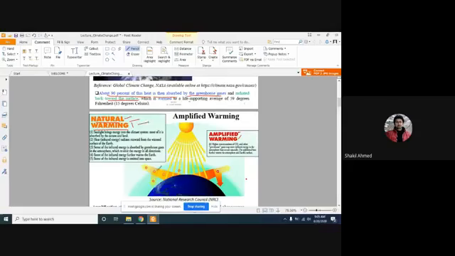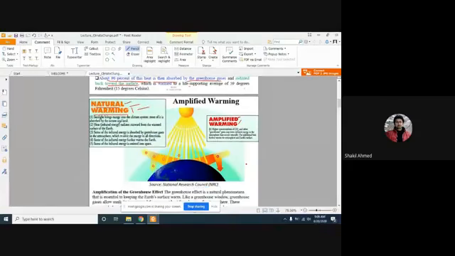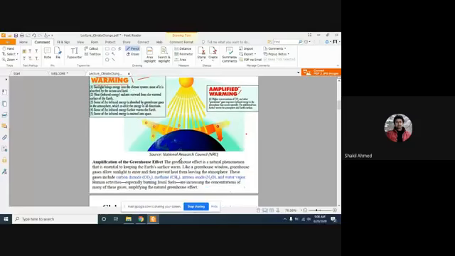Okay, so read these things. This is the text which I have just mentioned a while ago. The greenhouse effect is a natural phenomenon and that is essential to keeping the Earth's surface warm. Like a greenhouse window, greenhouse gas allows sunlight to enter and then prevents heat from leaving the atmosphere.